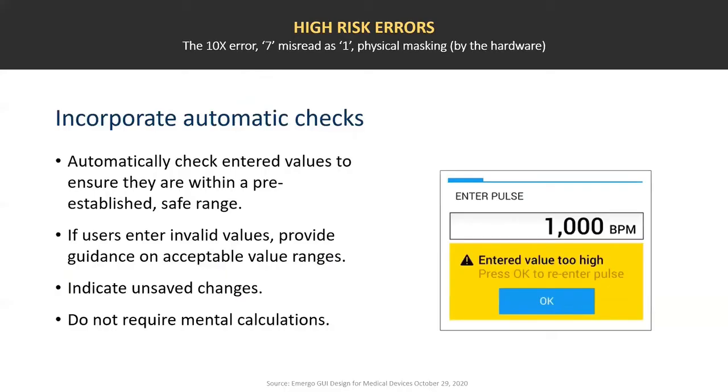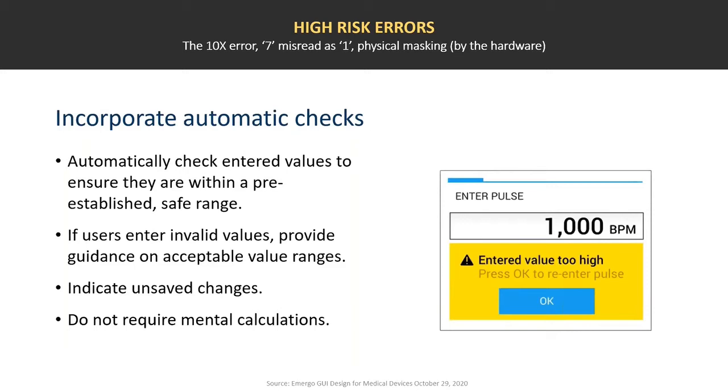Incorporate automatic checks. So this is one of the, we talked about the terrible outcomes earlier. It's getting much better, but we have things like the 10 times error, which came out of the aeronautical industry where pilots were crashing into the sides of mountains because they'd misread their altimeter, thinking they were at 50,000 feet when actually they were at 500 feet.